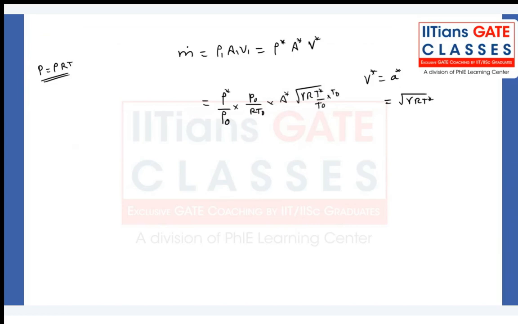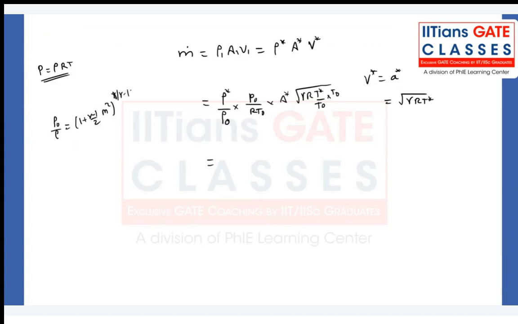So now this becomes rho star by rho naught, and for that I can use the isentropic relation. Rho naught by rho is 1 plus gamma minus 1 by 2 times M square, to the power of 1 by gamma minus 1.